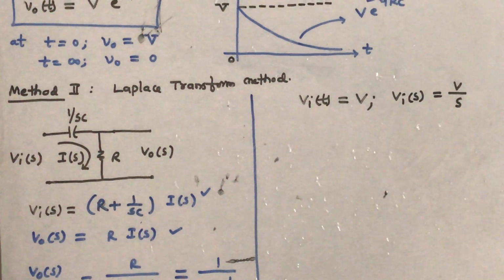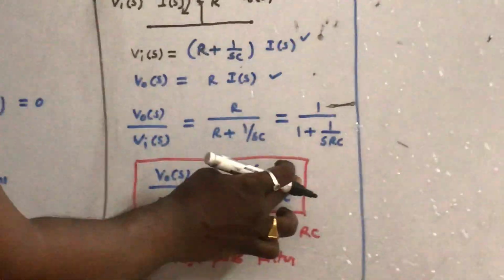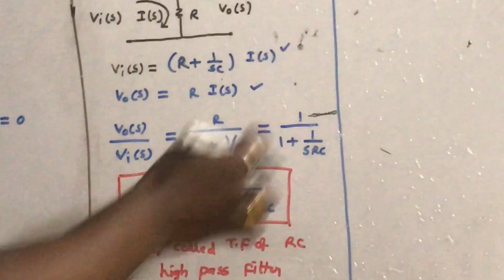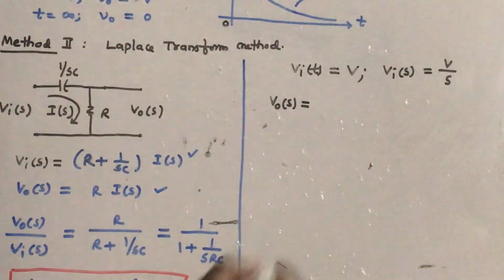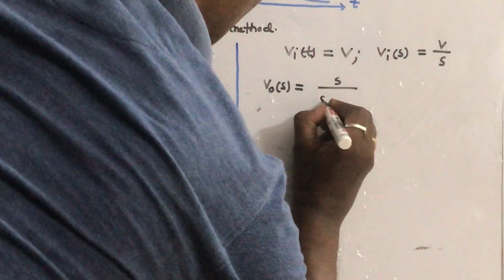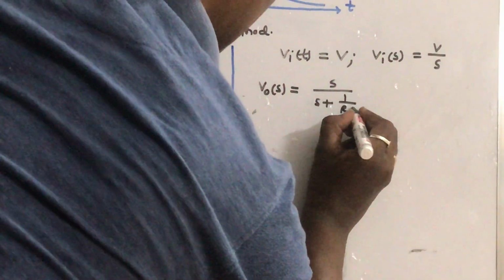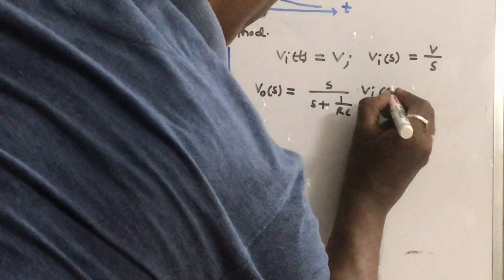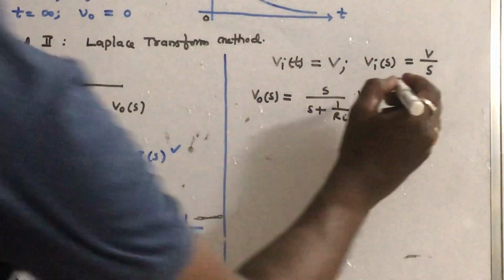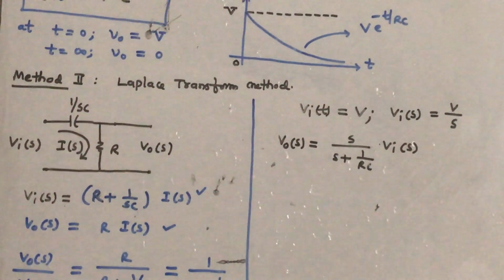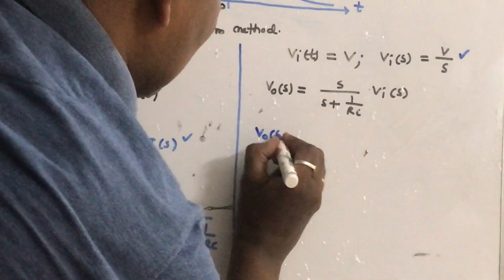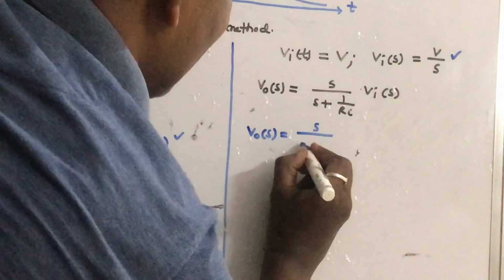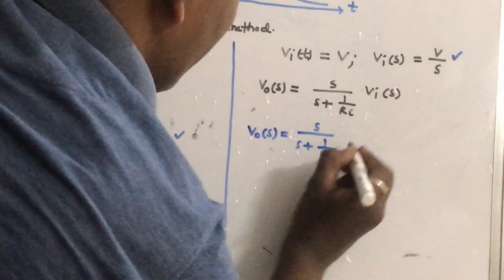So V0 of s is equal to S by S plus 1 by RC into VA of s. Substitute VA of s is equal to V by s. Therefore V0 of s is equal to S by S plus 1 by RC into V by s.